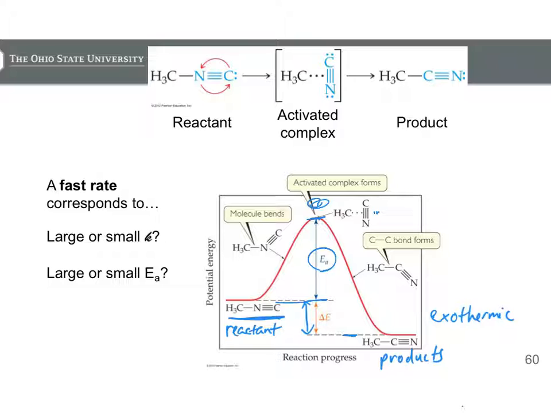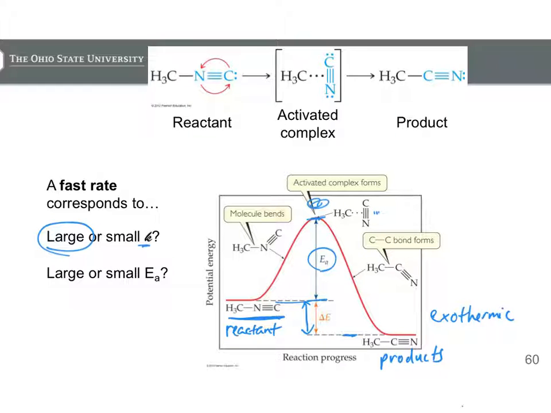So if we have a fast rate, are we going to have a large value or a small value of our rate constant? This is kind of a recall question. Fast rate, large or small k? You guys remember? Large k, yes.